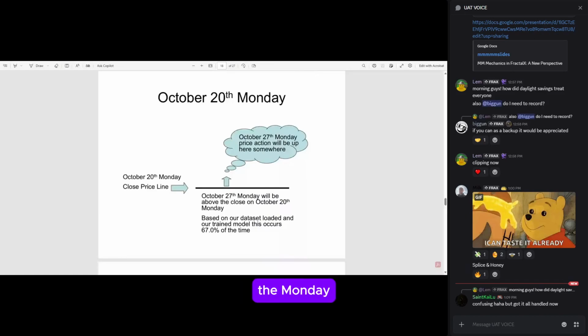So anything beneath that Monday's close price would be considered a buy zone, because 67% of the time we have the subsequent Monday's close, the 27th, above the 20th close. So as we dip down, it's a buy zone.